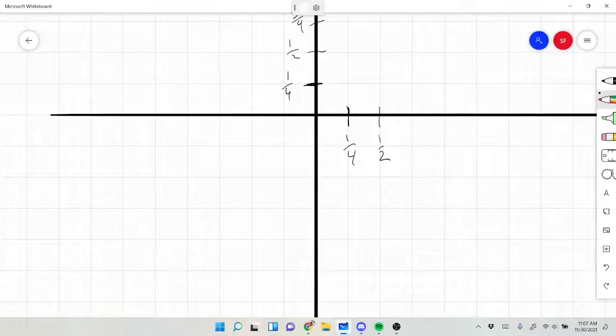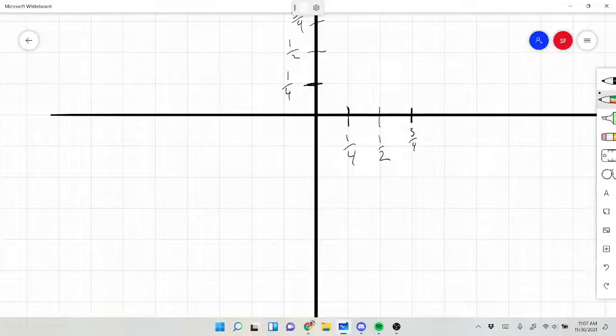Where does 2/3 fall on this graph? That'd be 3/4, but it's close to that. Where is 2/3? Right there.